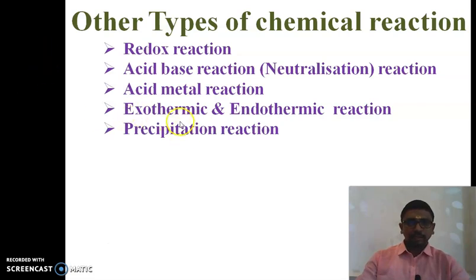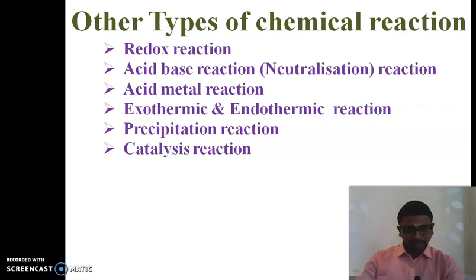And next is precipitation reaction. And another type is catalysis reaction. The term catalyst means a substance that will speed up or initiate the reaction. When we add a catalyst, the reaction is known as catalysis reaction.